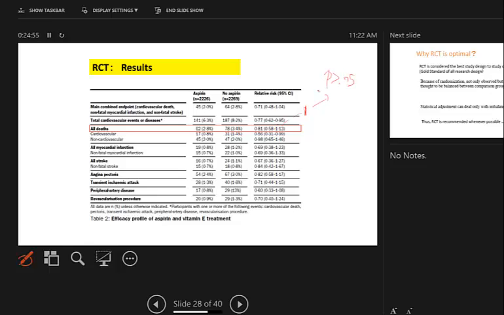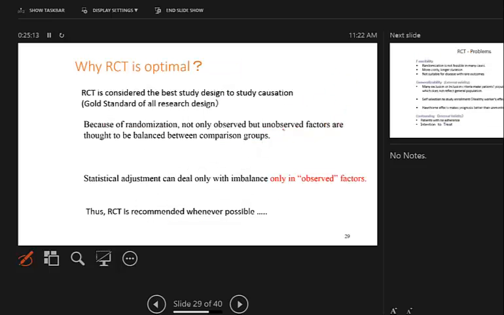They are not showing the p-value, but 1 is included in this interval. So the p-value would be greater than 0.05, and this is a negative study. So they didn't see that aspirin actually decreased the risk of death. Why is that? We will talk about that.